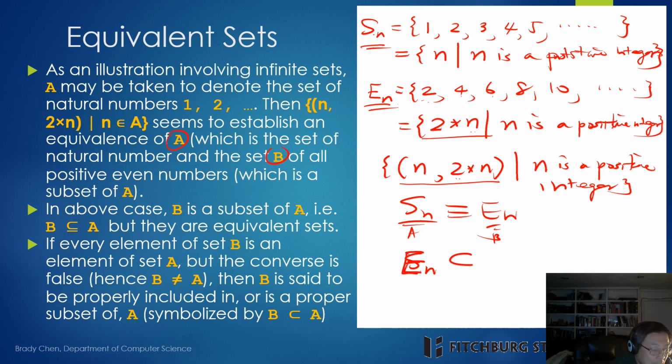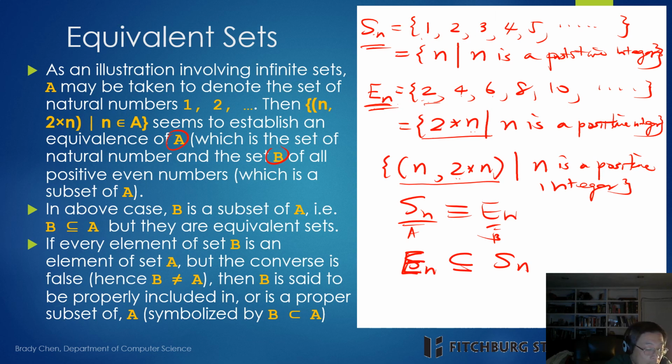En is a subset of Sn because Sn contains all the positive integers, but En only contains the positive even integers. Sn includes En, and also all the positive odd integers. So En is a subset of Sn.